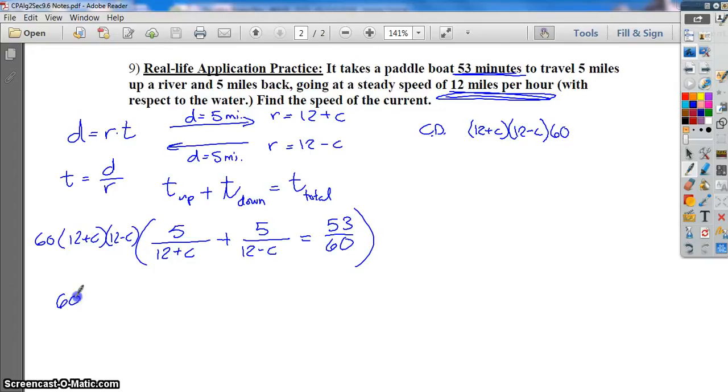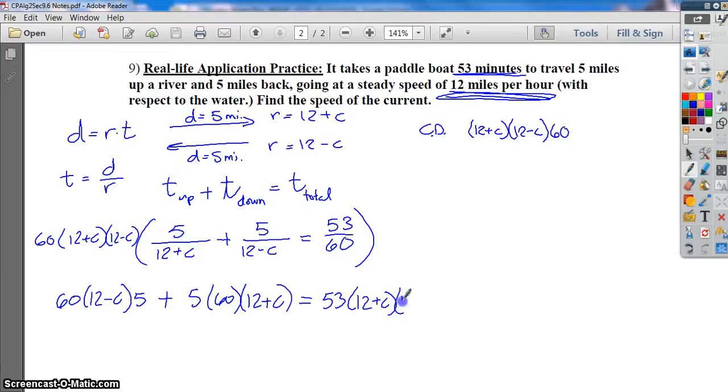So I have 60 times 12 minus C times 5, plus 5 times 60 times 12 plus C for this guy. And then the last one, the 60 is going to cancel out. So this is going to be 53 times 12 plus C times 12 minus C.